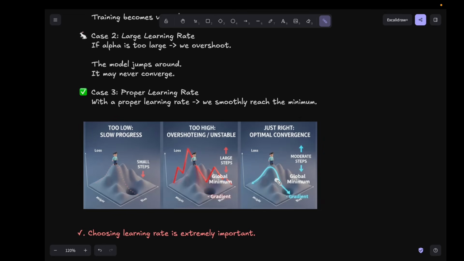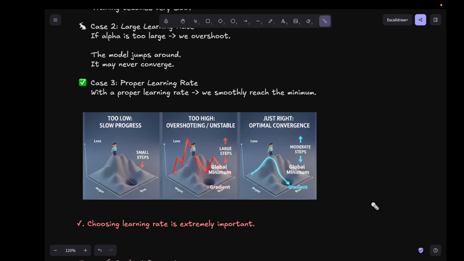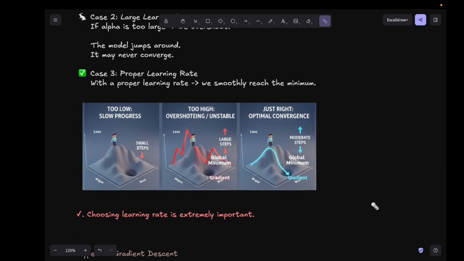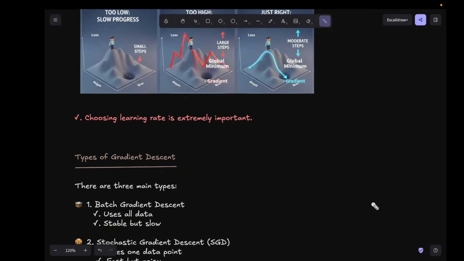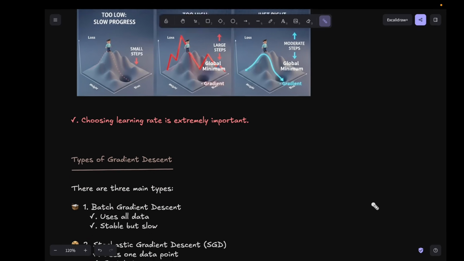And if it takes the right steps, or optimal convergence, it can come to the global minima at a perfect time. So that's how the learning rate works in gradient descent and optimization. So choosing the learning rate is extremely important for every model, you see.